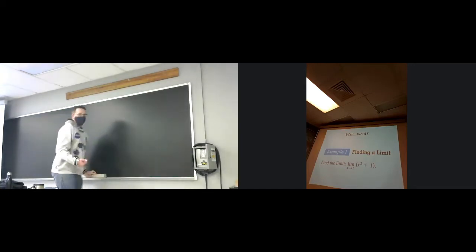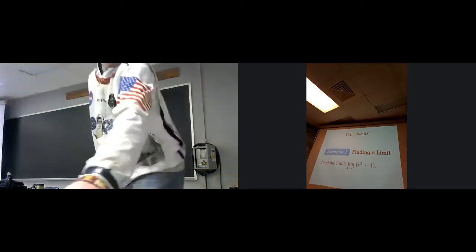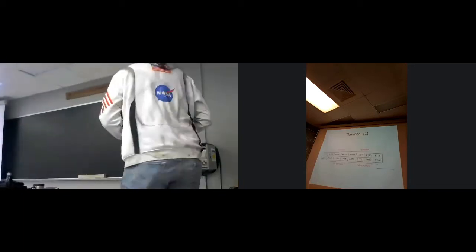What it's really getting at, and the next slide shows really well, is exactly what I mean about based on what's around it. So we've got 1 here at our table, but we're not looking directly at 1. We're going to look to the left of 1 and to the right of 1.